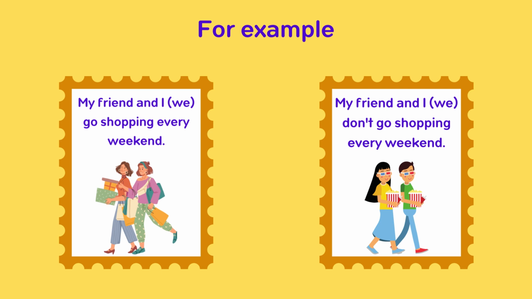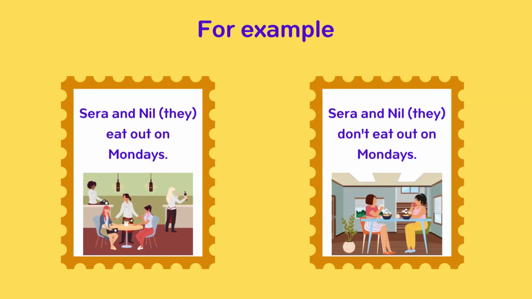So, because it's we, we use don't. My friend and I don't go shopping every weekend. That's it. Sarah and Neil eat out on Mondays. Sarah and Neil don't eat out on Mondays.